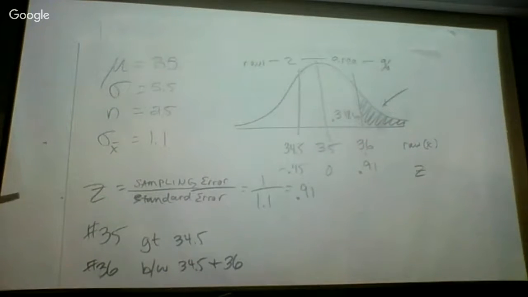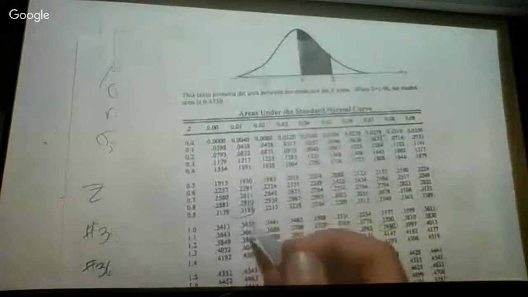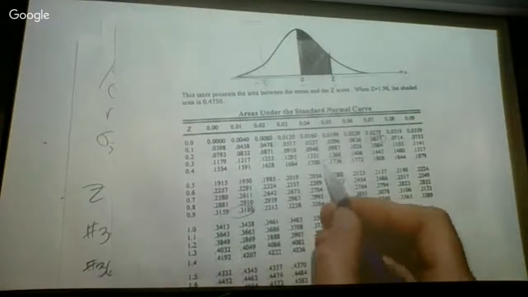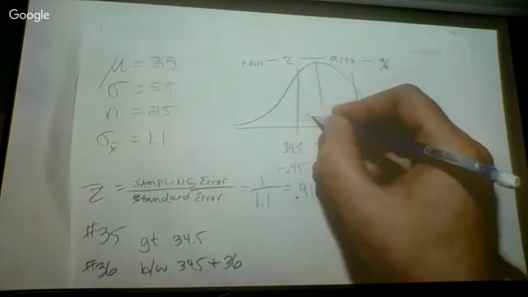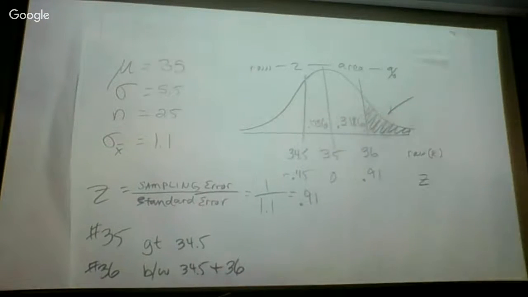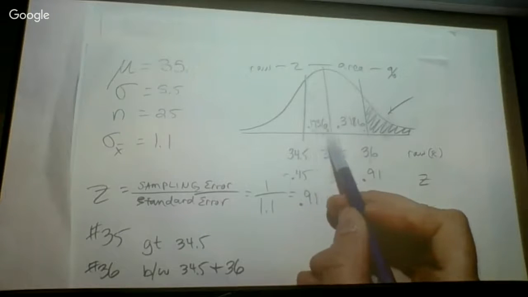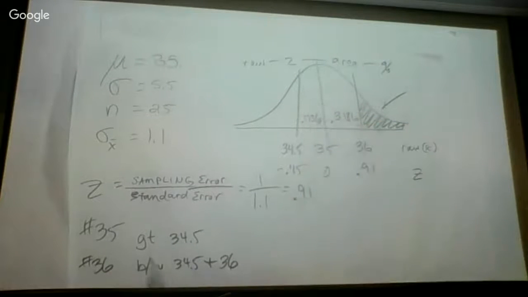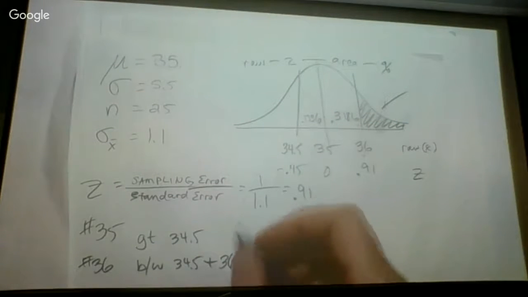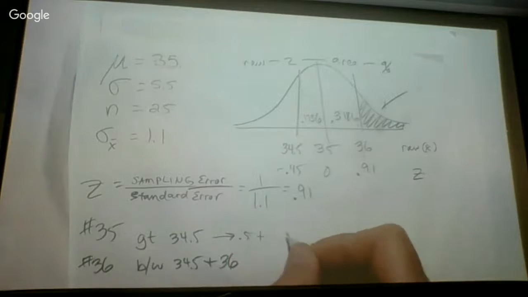We come to our table, look for a z-score of 0.45, 1736. Now I'm reading 7s and 6s, right? 5s and 7s. So greater than 34.5 is going to be 0.5 plus 0.1736.